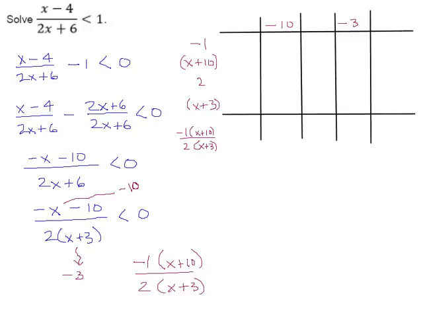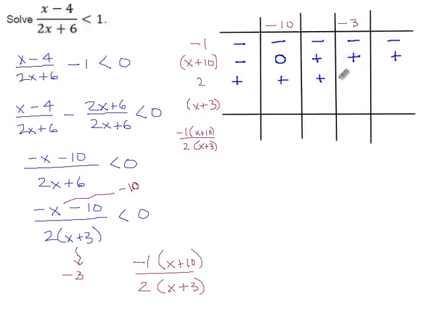So, negative 1 is a constant, and it's negative everywhere. That was easy. If x plus 10, if x is lower than negative 10, we get, say, negative 11 plus 10, negative. If x is exactly negative 10, we get 0. If x is anything between negative 10 and negative 3, then we get a positive number here, and positive again, and positive again. 2 is a positive constant.